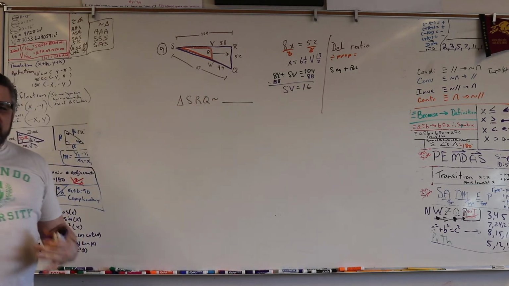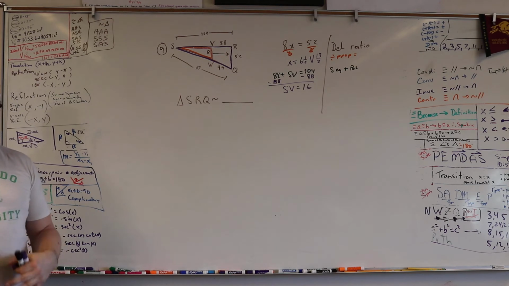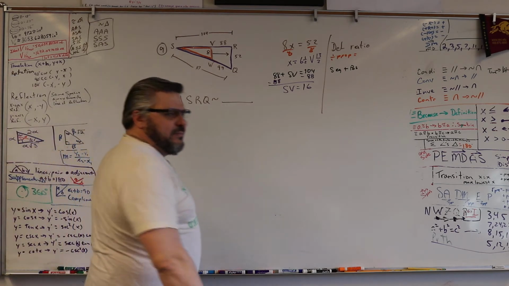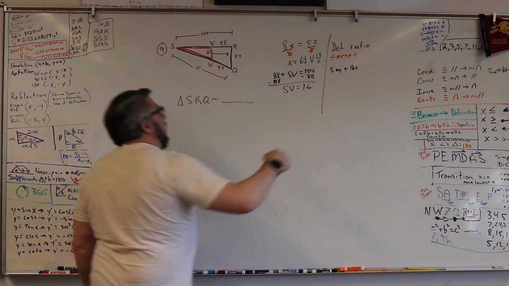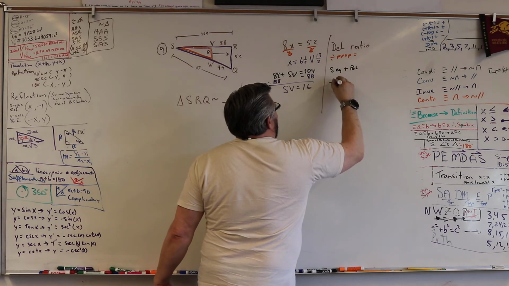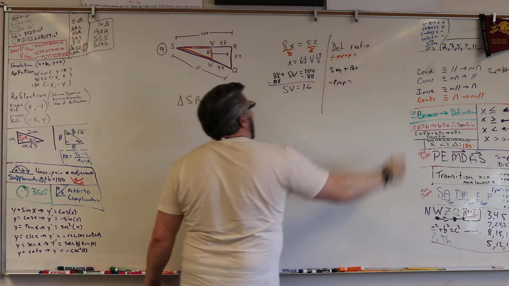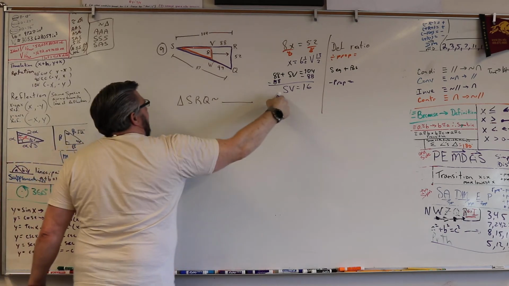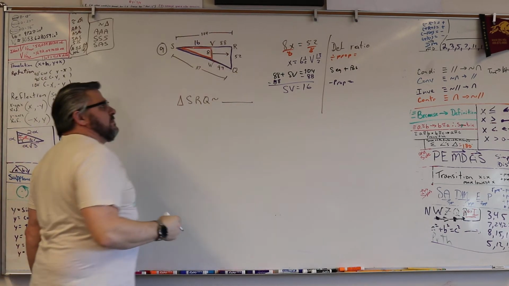Okay? Because 88 is close to 90, plus 2. So 10 plus 2 plus 4 is 16. Got me? Alright, so, what is that? Subtraction property of equality, right? Alright, so we know that SV is 16.